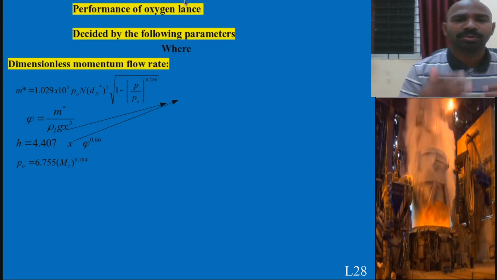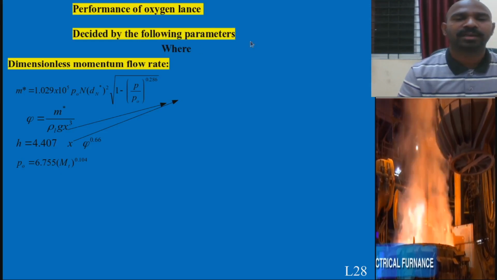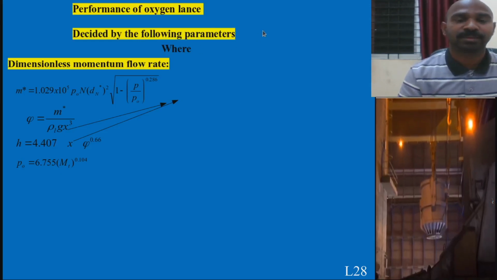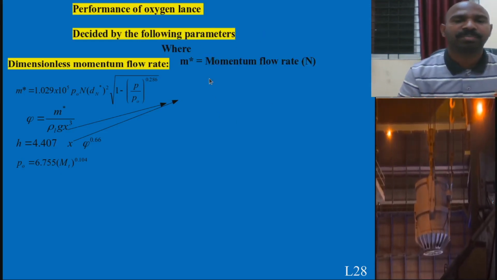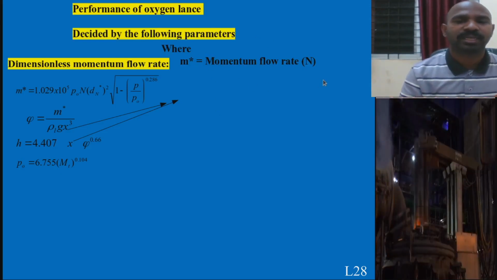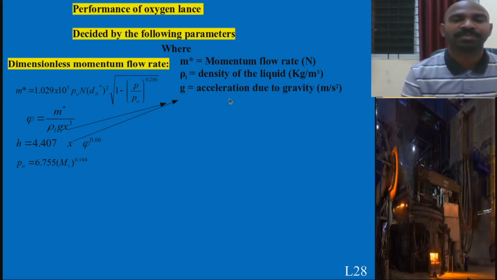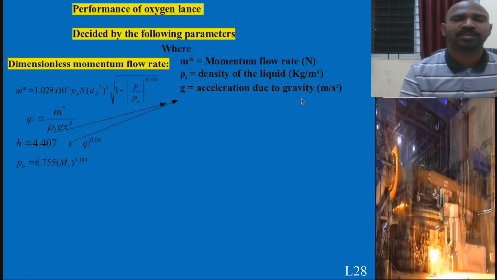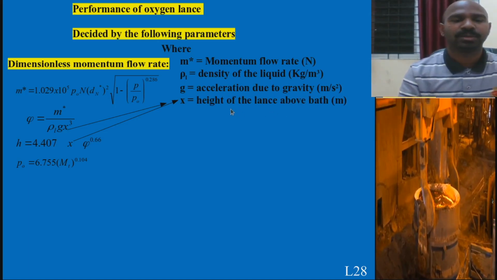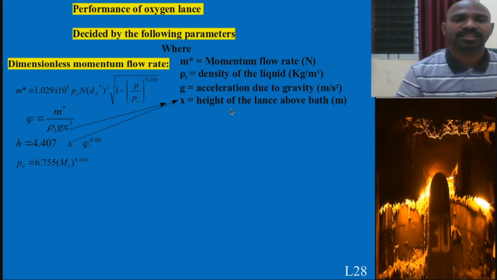And how do you calculate the performance of the oxygen lance? It can be decided by the following few parameters. Try to understand. M star is the momentum flow rate of the oxygen jet in the bath, then the density of liquid steel, acceleration due to gravity, and the height of the lance above the molten metal bath surface.